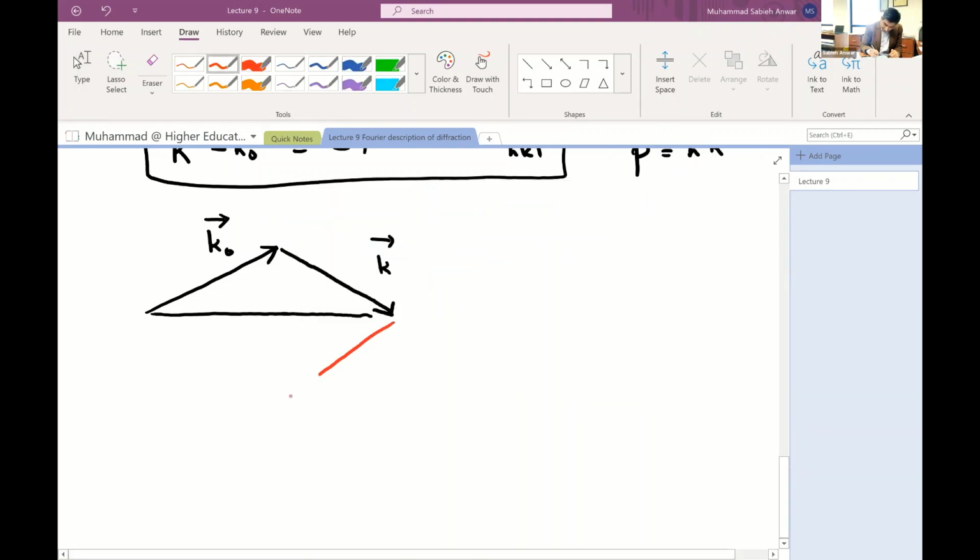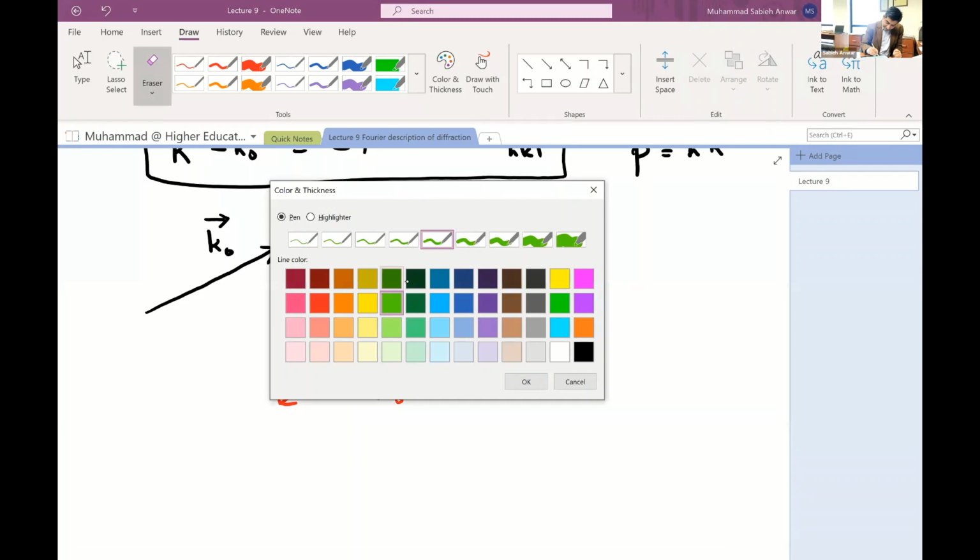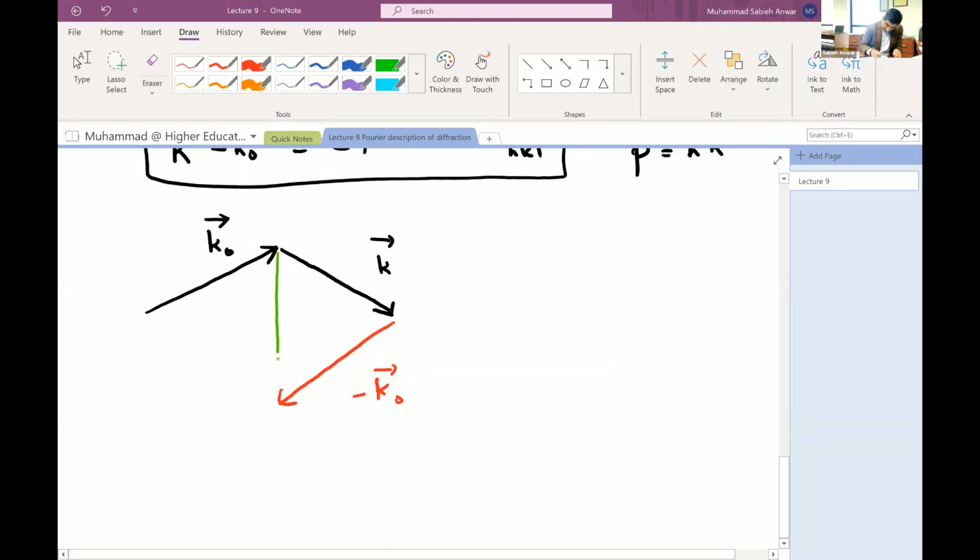So if I were to draw K minus K naught, this is K naught. And this vector here, K minus K naught, must be equal to a reciprocal lattice vector.